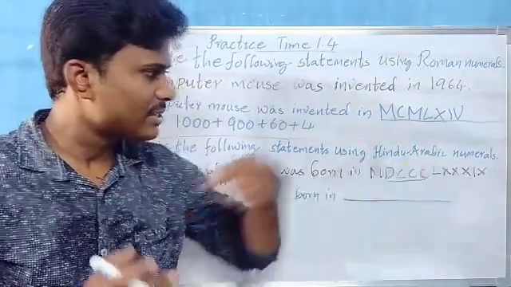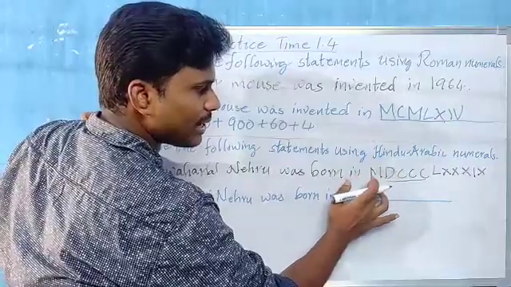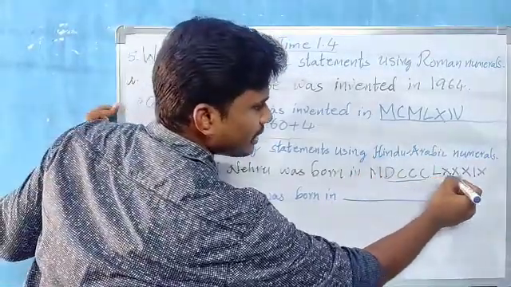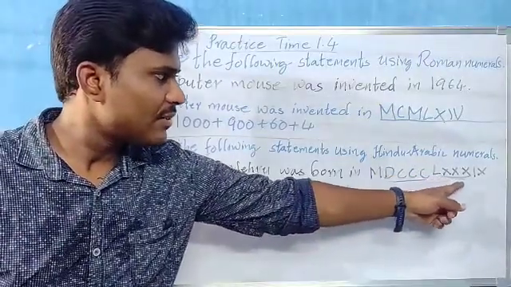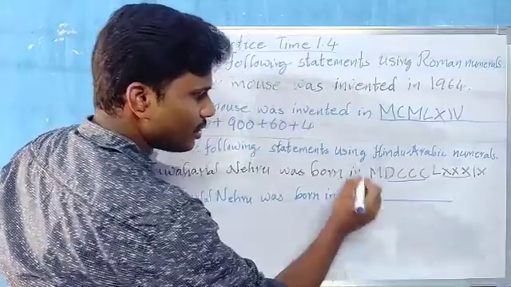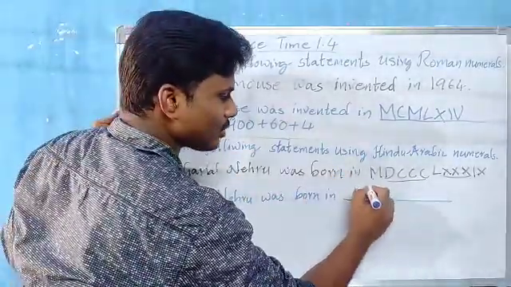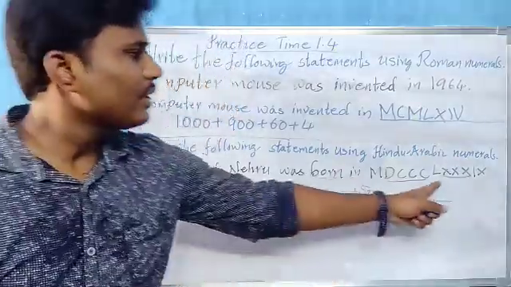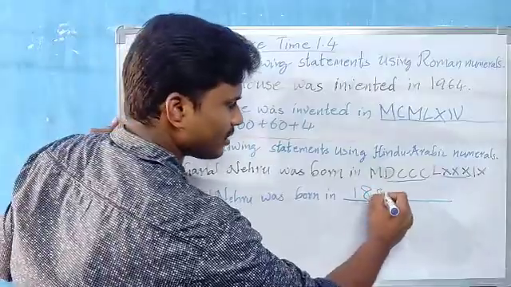X, X, X. See children, if you go for places, thousands place, hundreds place, and this will be tens place. So 50, 60, 70, 80 in that way. So in thousands place we have digit 1, and 800 means what, children? In hundreds place 800. So 8 tens, that means 8.